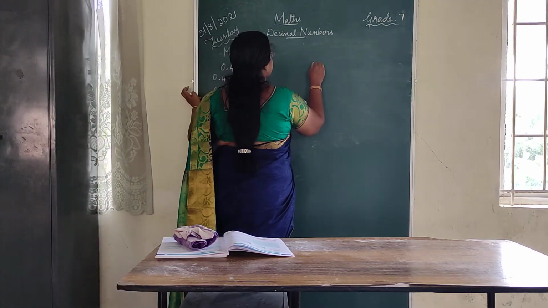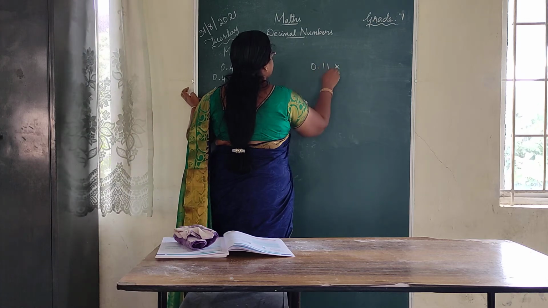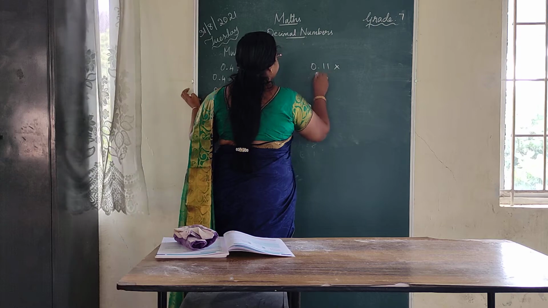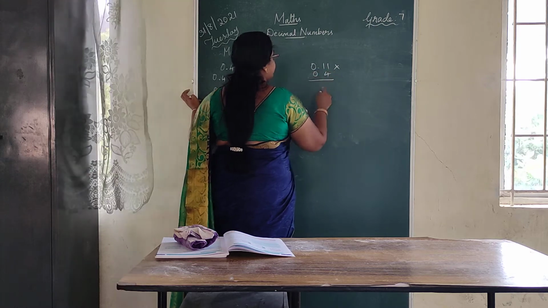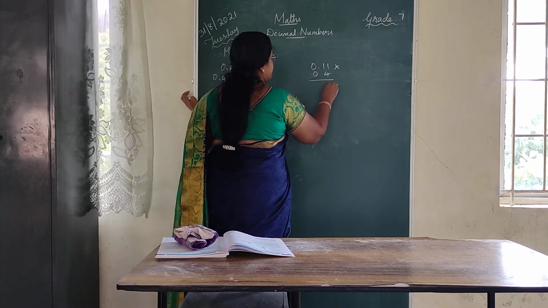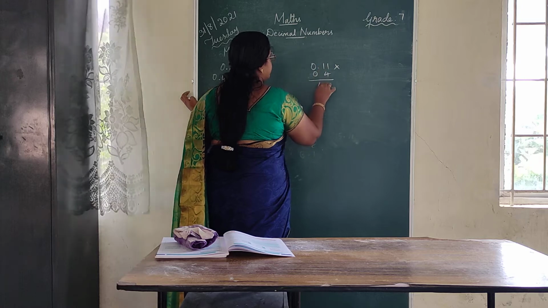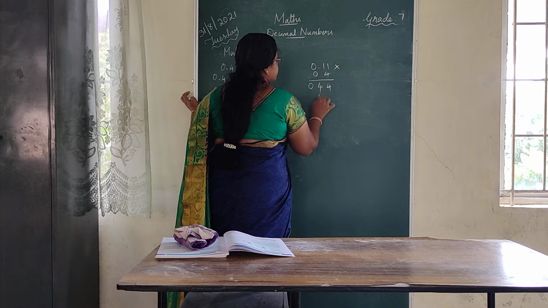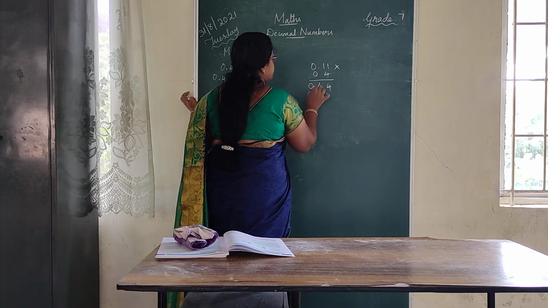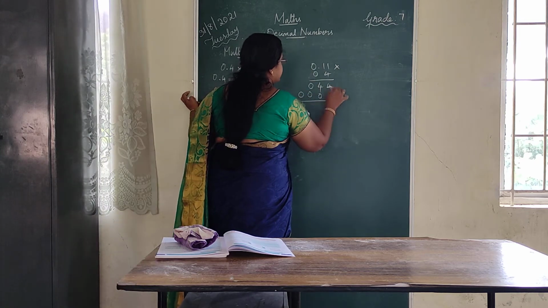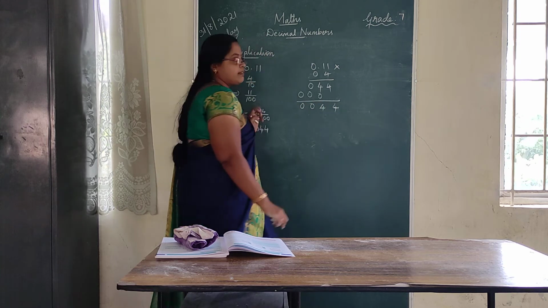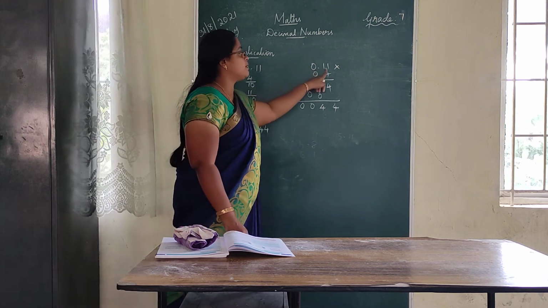So take this 0.11 into 0.4. First of all, 4 into 1 is 4. 4 into 1, 4. 4 into 0, 0. 0 into 1, 0. 0 into 0, 0. Adding this, 4, 4, 0, 0. Check the decimal places. Here 2 decimal places.